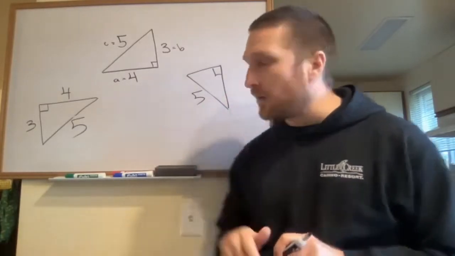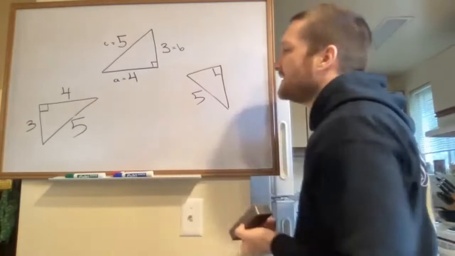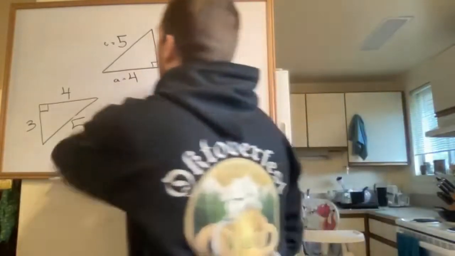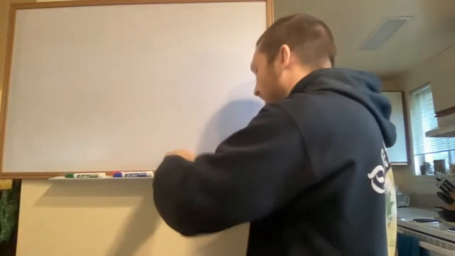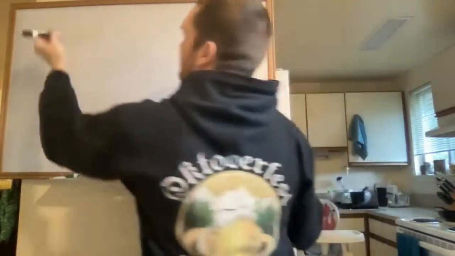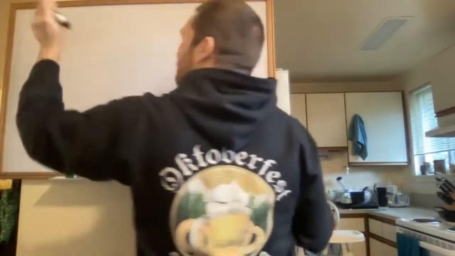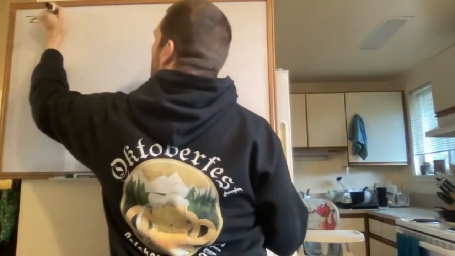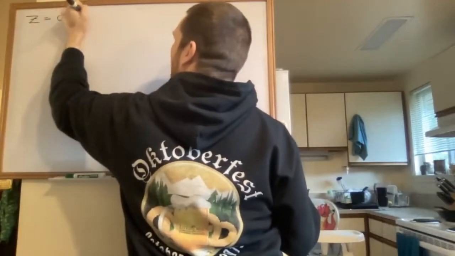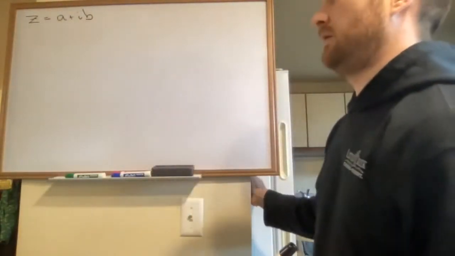Okay, so how does this tie into what we're talking about today? Well, we're going to be talking about the geometry of complex numbers. And we've talked before that a complex number has 2 components, a real component and an imaginary component.